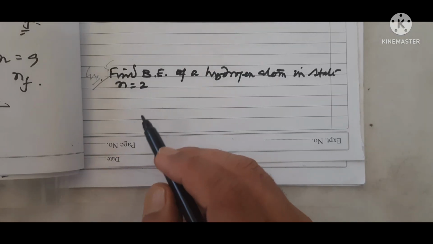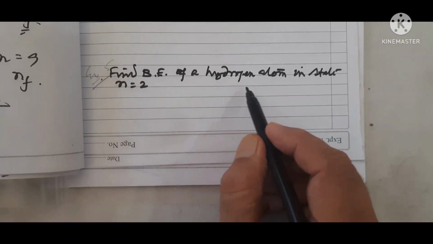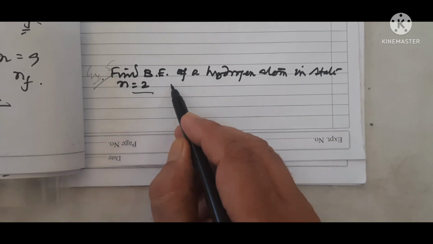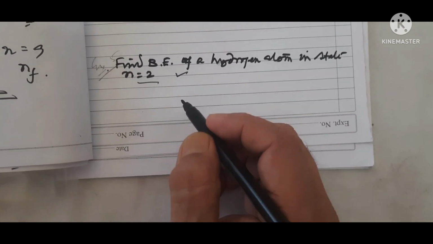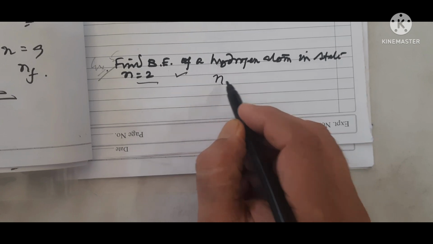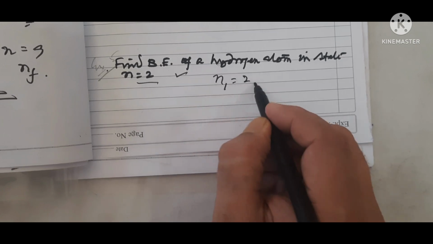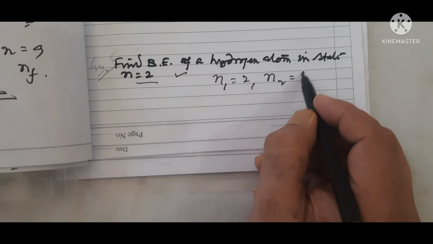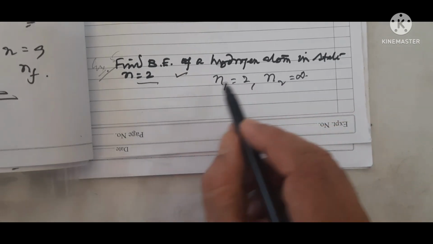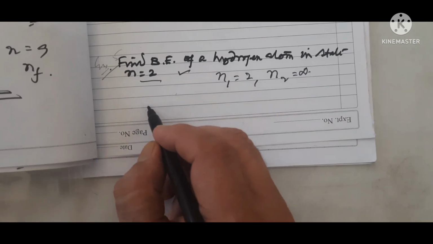Another question: find binding energy of a hydrogen atom in the state n is equal to 2. Binding energy निकालना है. इसका मतलब क्या है, यहाँ पर n1 हो गया 2 और n2 हो गया इन्फिनिटी. तो बाइंडिंग एनर्जी हम यहाँ पर यूज़ करेंगे.